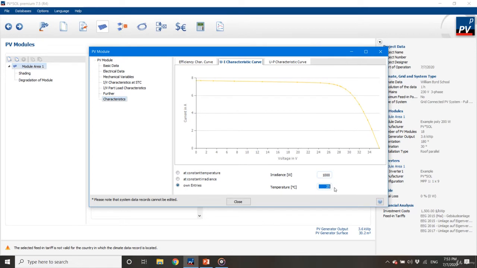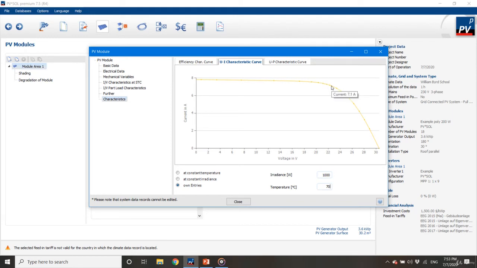At 7.1 ampere, the voltage is 29.8 volts approximately. If multiplied by 18, as the connection is 18 panels in series, the voltage will be equal to 536.4 volts, or approximately 533 volts. At 70 degrees Celsius, surely due to heat the voltage will be lower.